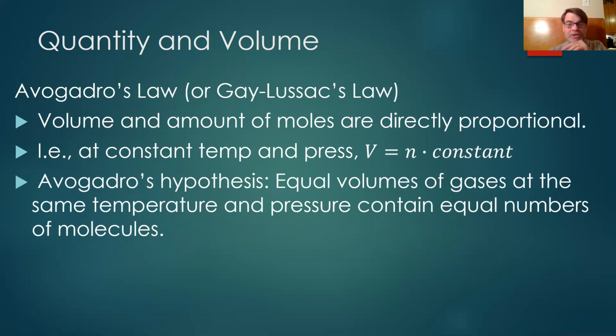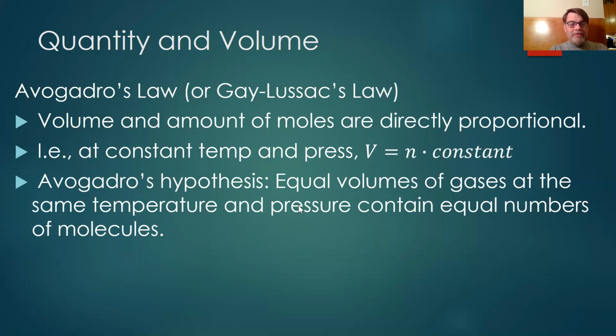Okay, here's Avogadro's hypothesis, by the way. We all know Avogadro's number. That's the number of molecules in a mole, the number of atoms in 12 grams of carbon-12, 6 times 10 to the 23rd molecules, for example. We know Avogadro's law here, that volume and the number of moles are proportional.